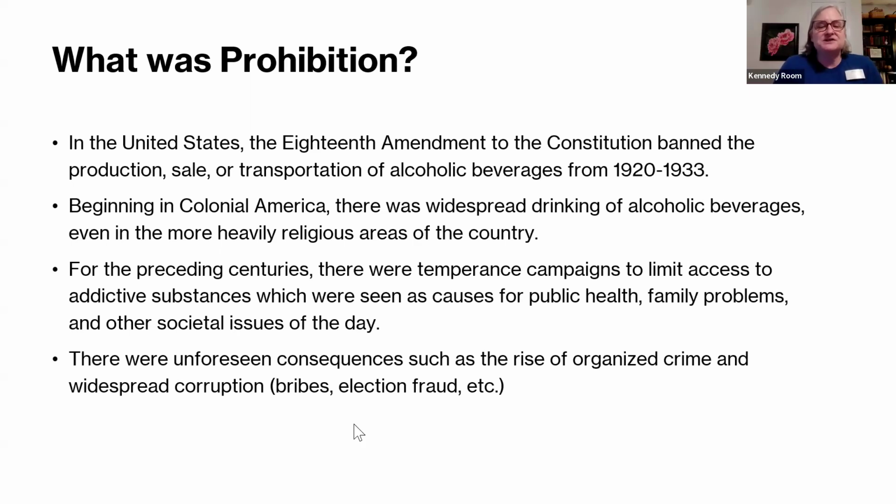There were also unforeseen consequences, such as the rise of organized crime and widespread corruption, bribes, election fraud, etc., because people wanted to get alcohol-friendly people into their legislature so that they would forgive their fines for running liquor.